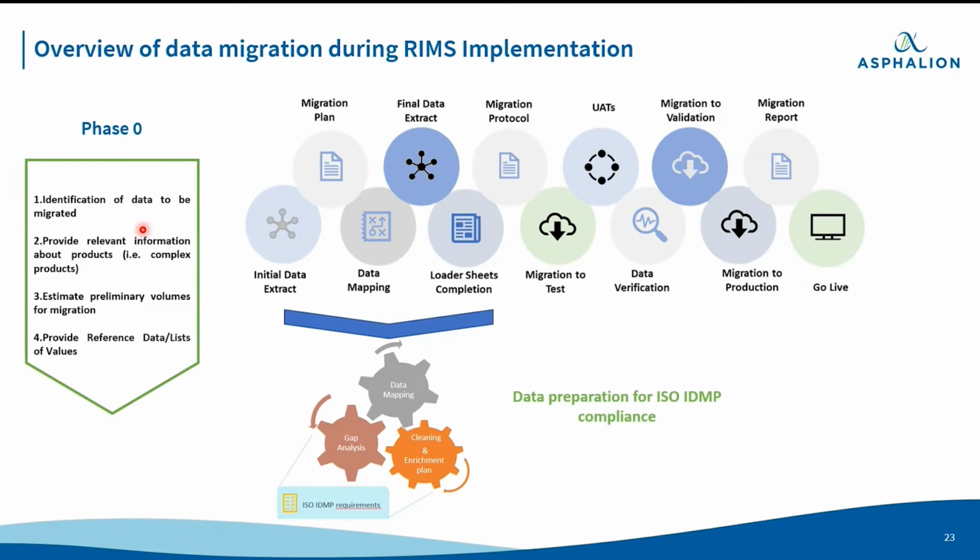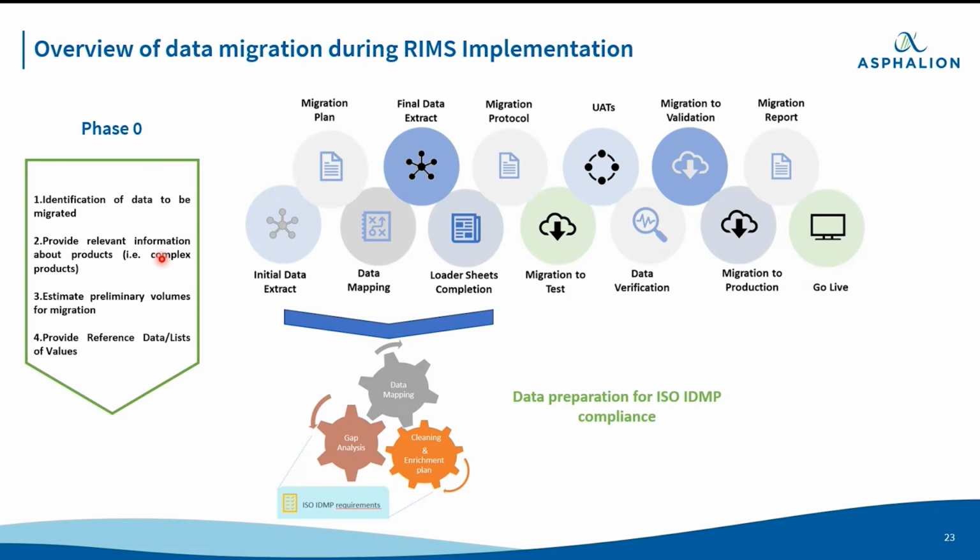And then some basic information, let's call it that, has to be gathered. So for example, identifying relevant information about products, whether they are complex or not, or estimated preliminary volumes for migration, or providing lists of reference for data or lists of values. And of course, this is all dependent on which RIM system or database you are implementing as well.